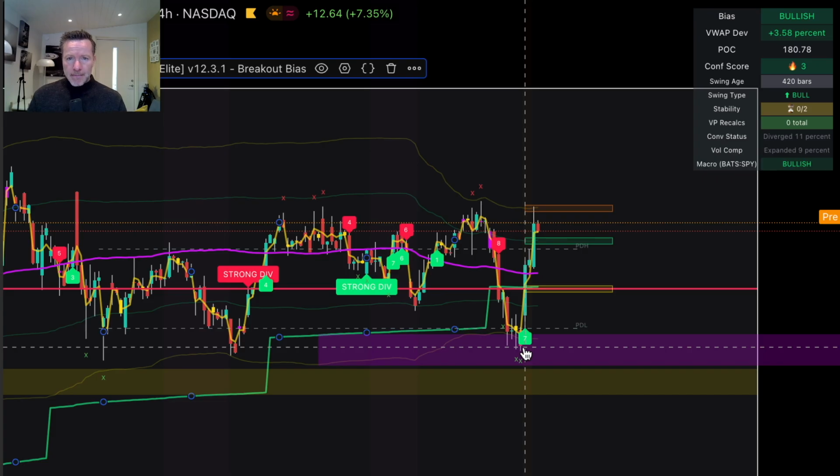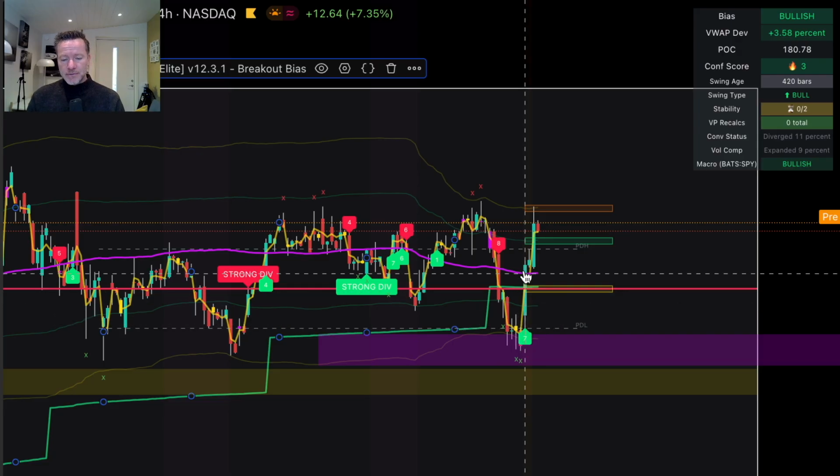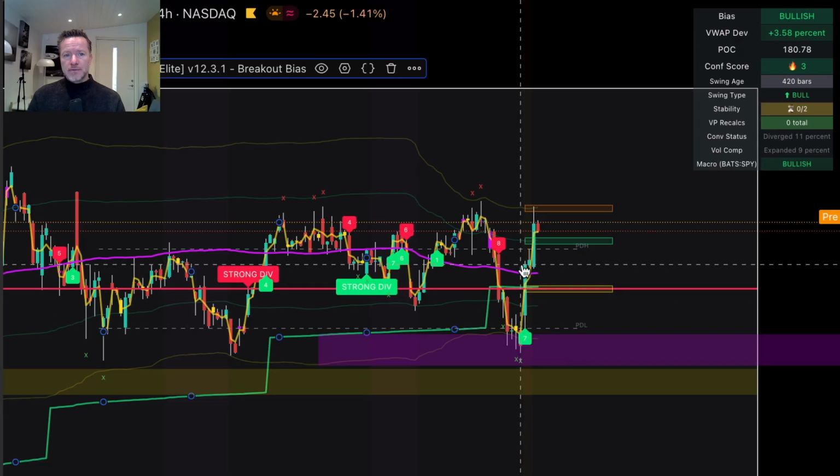Because I am not trying to catch the absolute bottom. I'm waiting for institutional confirmation. And the signal here shows me that they are interested in 176 and I wait, of course, to the reclaim of the AVAP. It shows me they are committed above 180.